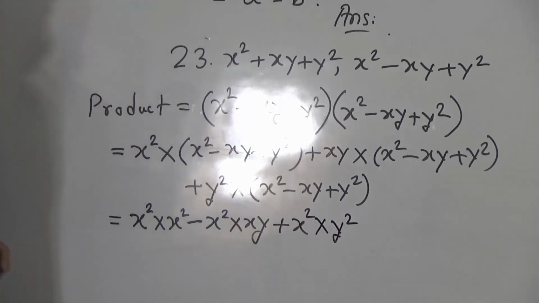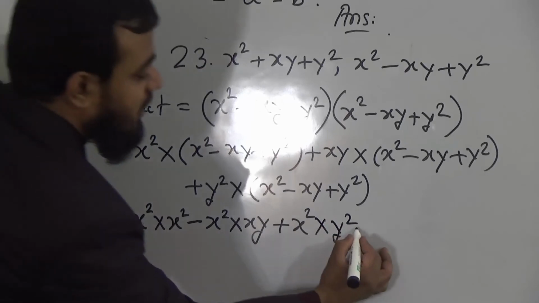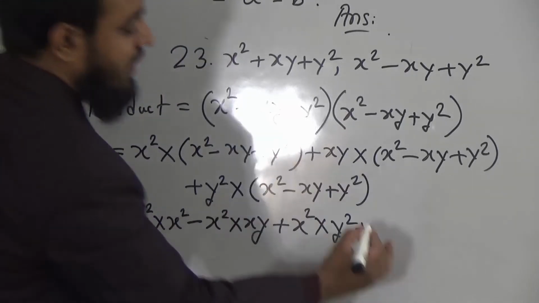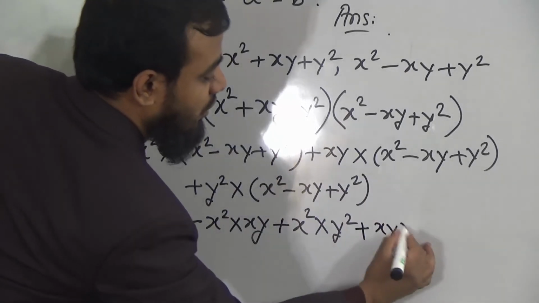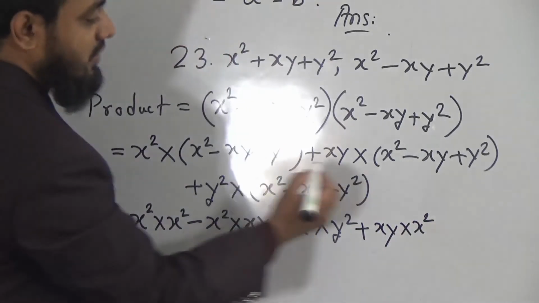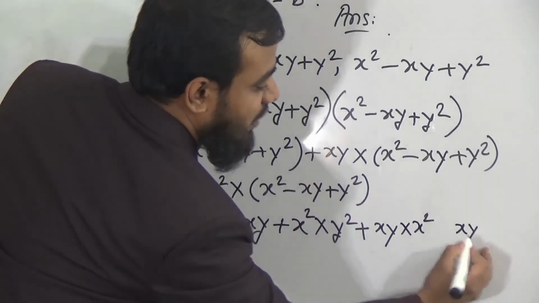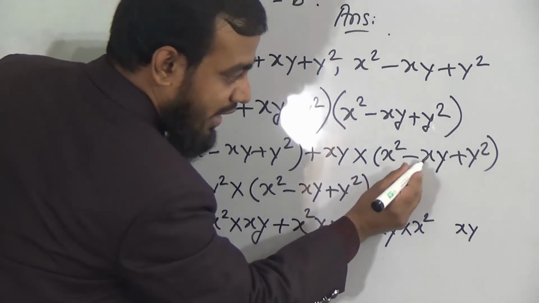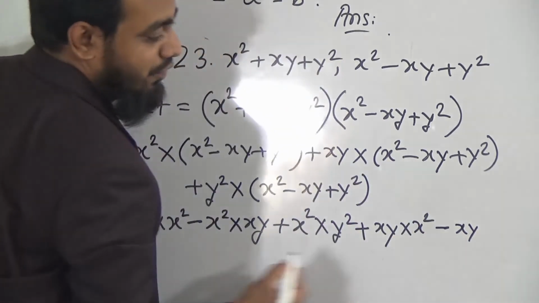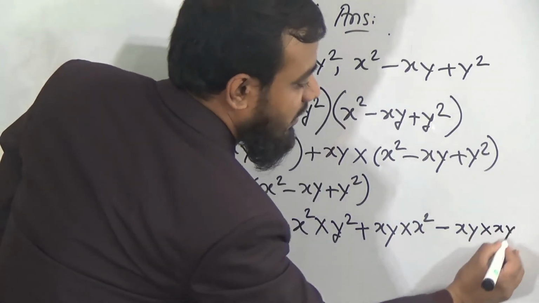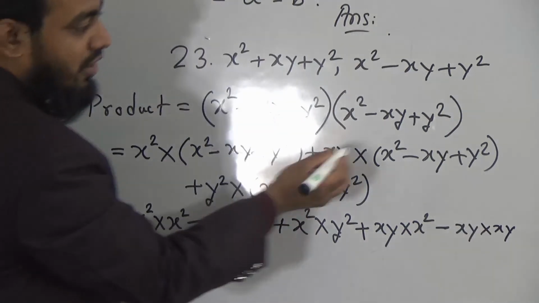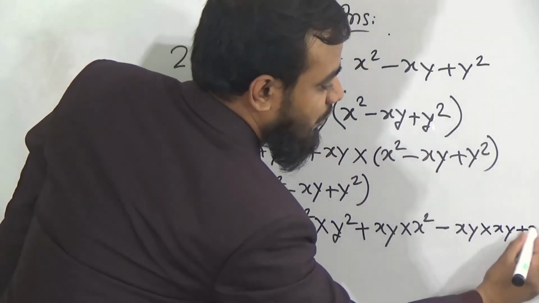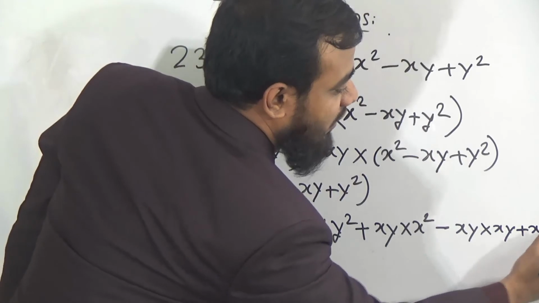Now the second bracket has xy multiplied with x square, and this xy is multiplied with minus xy. That is why we will get a minus sign before. xy multiplied with xy, and xy is also multiplied with plus y square, so xy multiplied with y square.